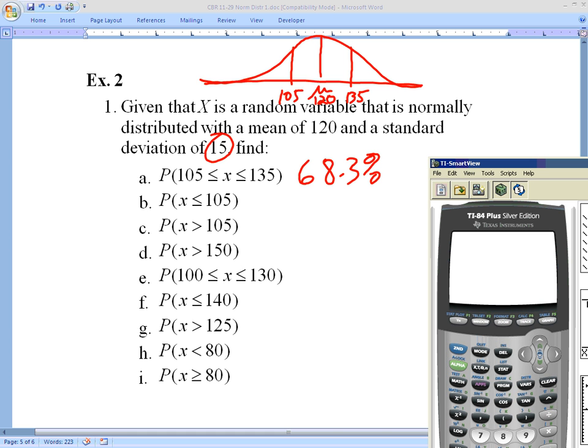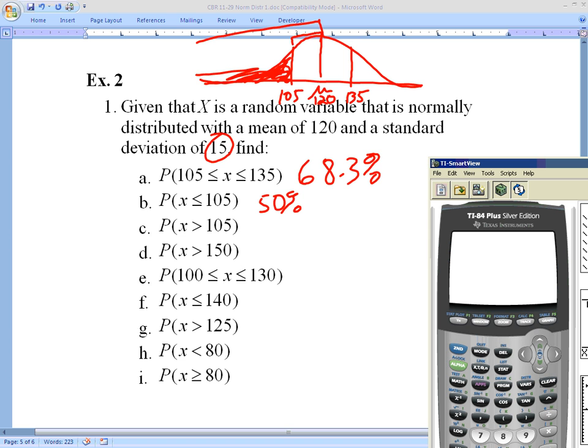Now, if we talk about the probability that x is less than 105, this time we're only looking at all this stuff here to the left. If it was the entire half, we know that's 50%. But we're taking away the 1 standard deviation here and just leaving all this other stuff over here on the left.